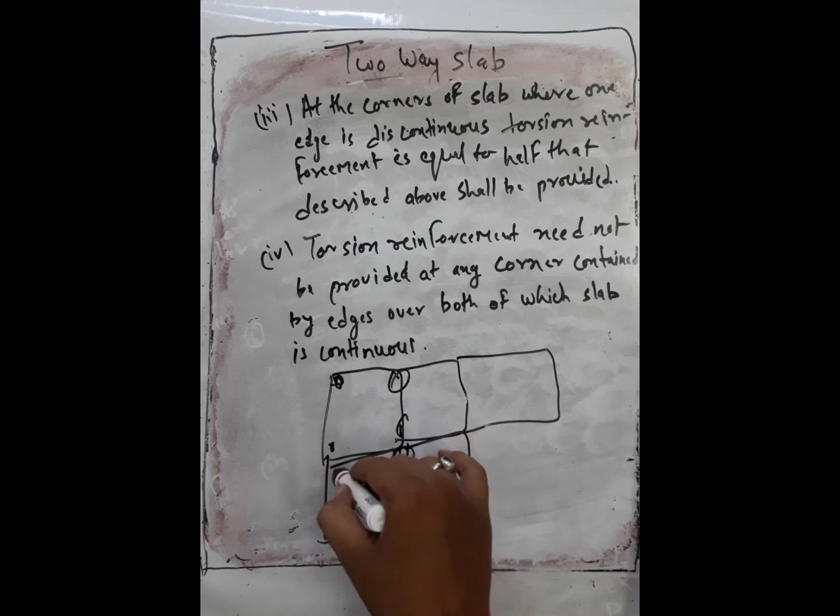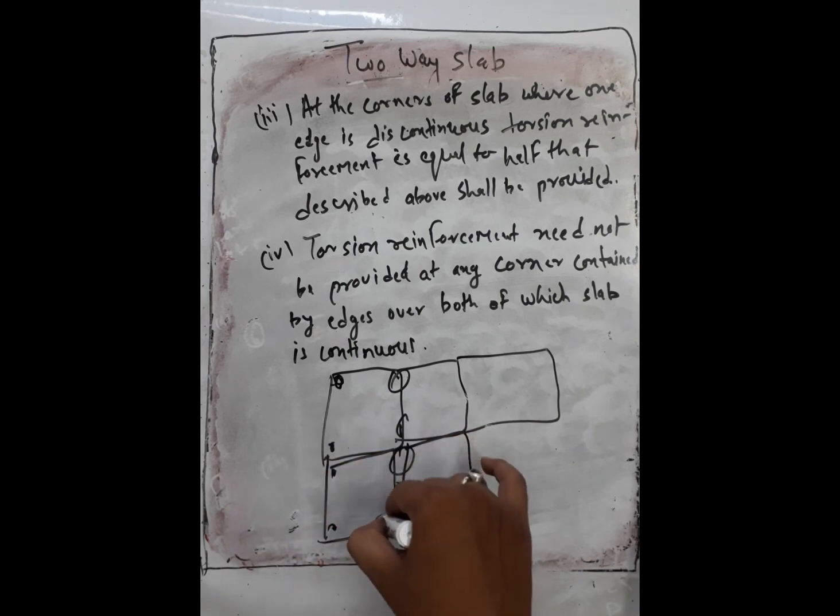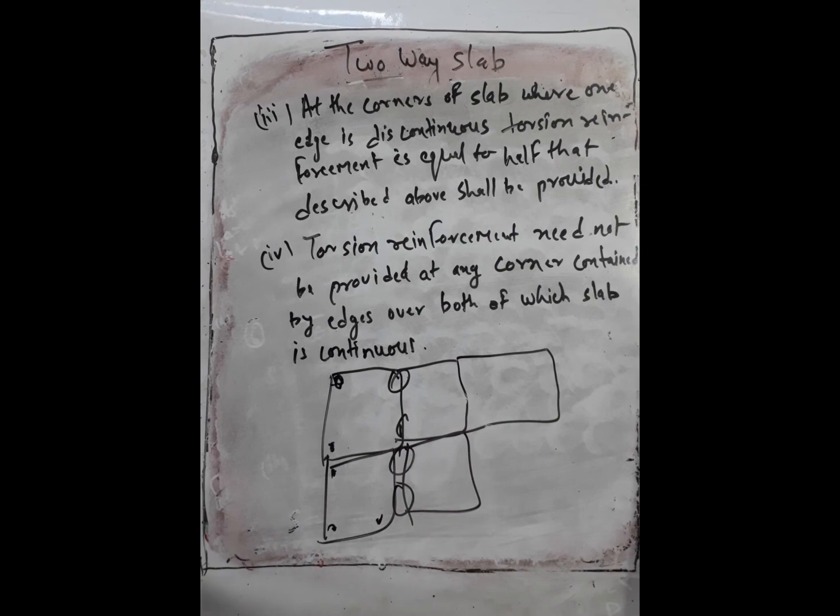Where it is discontinuous, there we have to provide the torsion reinforcement. So these are the provisions and rules given in IS 456:2000 for two-way slab.